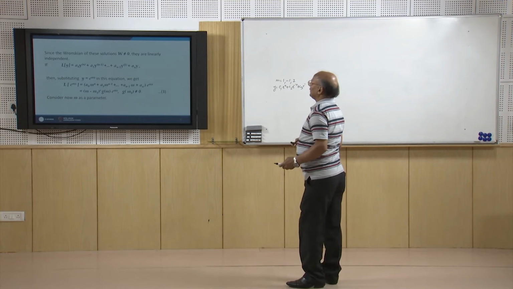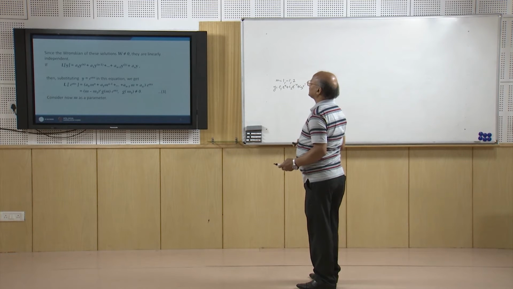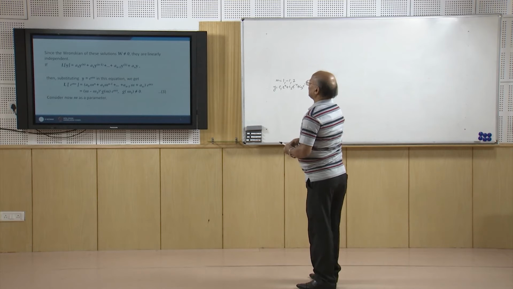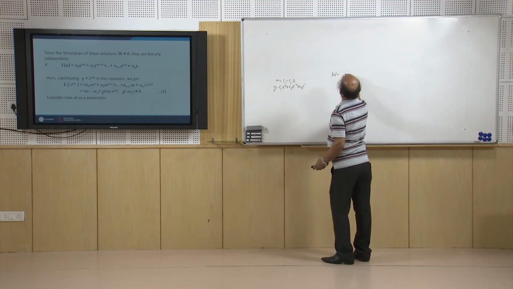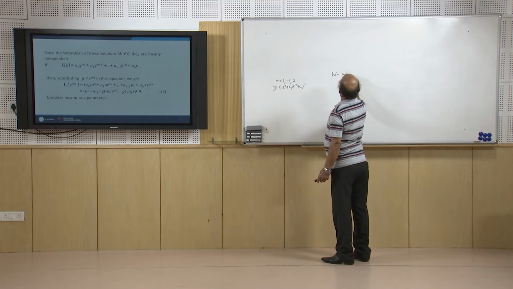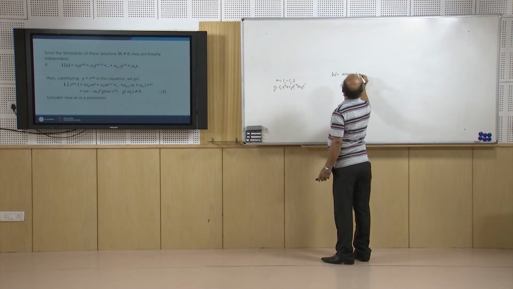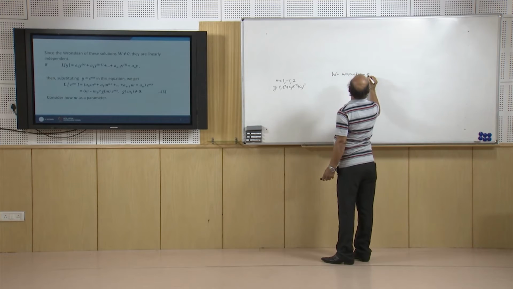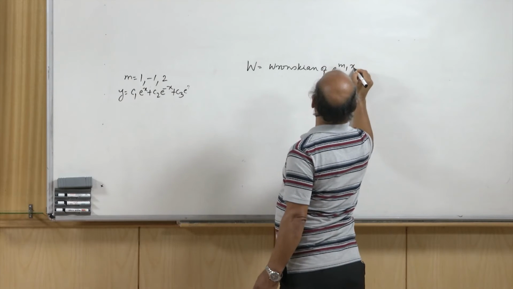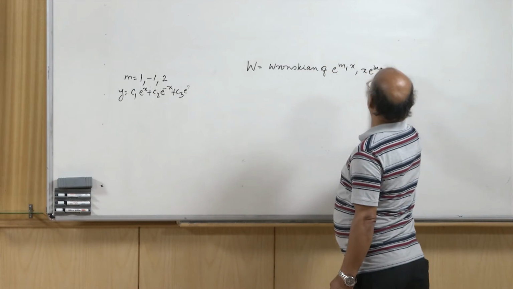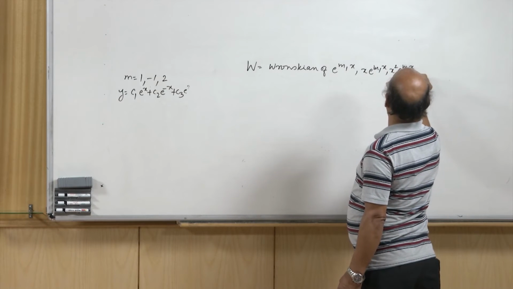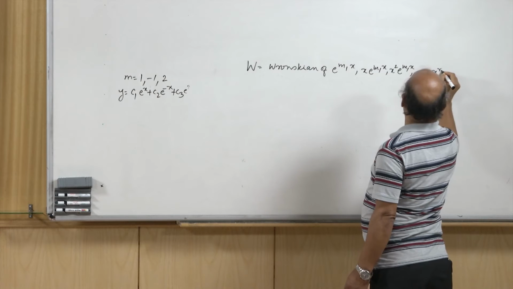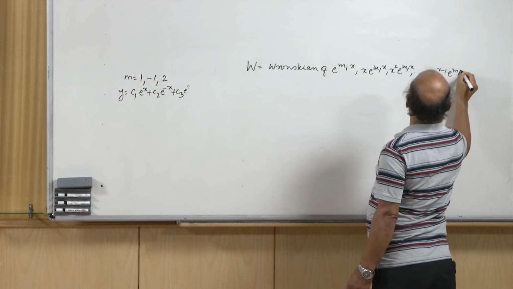Now, let us note that the Wronskian W of these solutions is the Wronskian of e to the power m1 x, x e to the power m1 x, x square e to the power m1 x, and so on, x to the power r minus 1 e to the power m1 x.